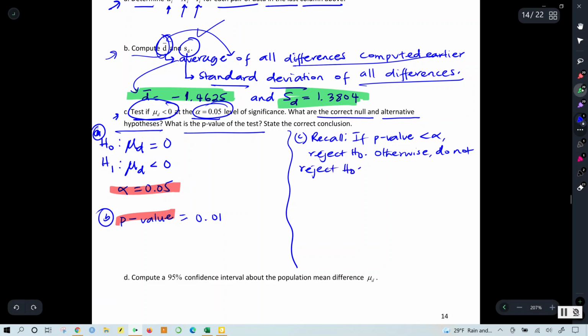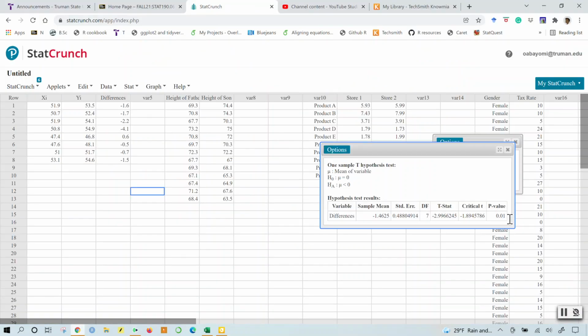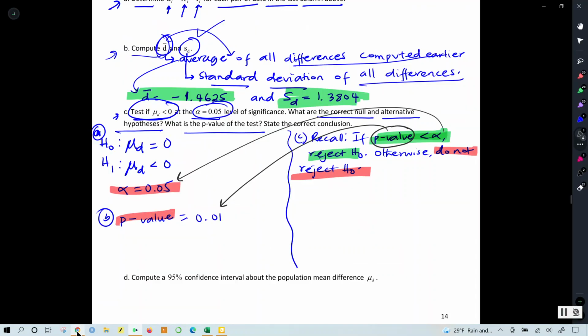The way I see it here, p-value here is 0.01, and alpha is 0.05. Let me check my p-value one more time. 0.01, correct. So I can see that my p-value is lesser than alpha.